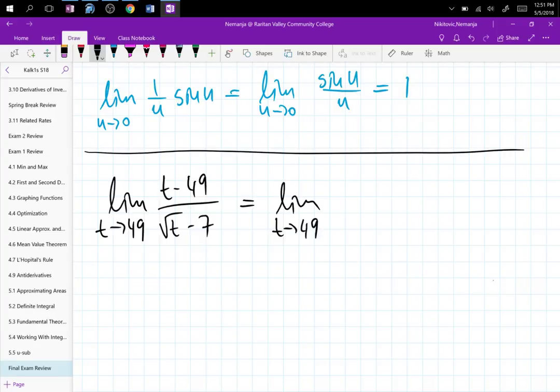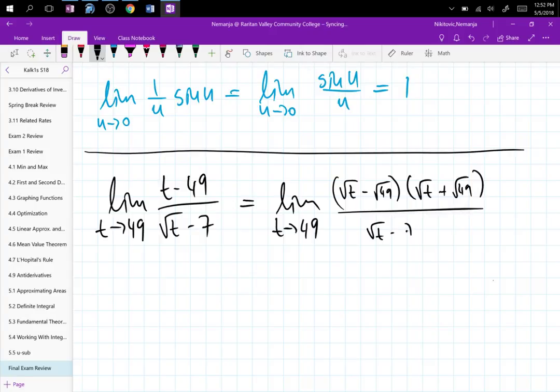the numerator. So when you factor the numerator, you will get square root of t minus square root of 49 times square root of t plus square root of 49, over square root of t minus 7. Now square root of 49 is 7, so I'm just going to replace those with 7s.